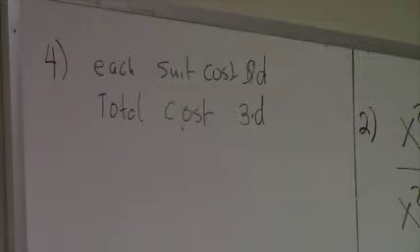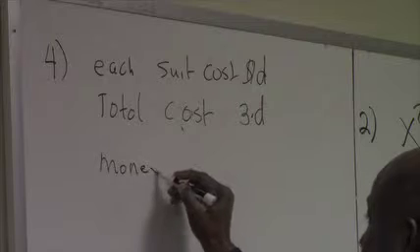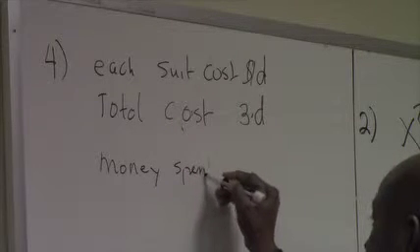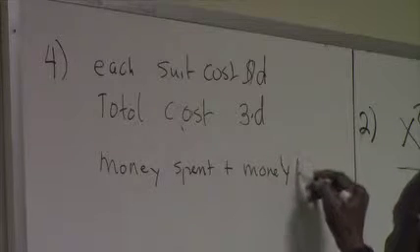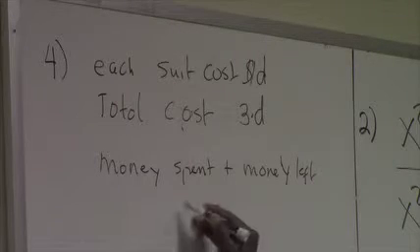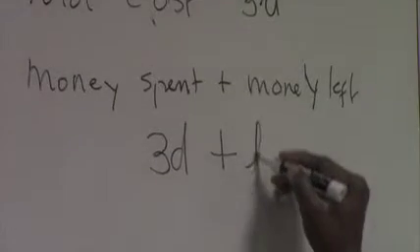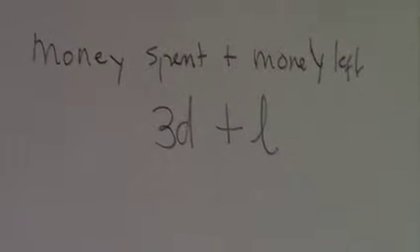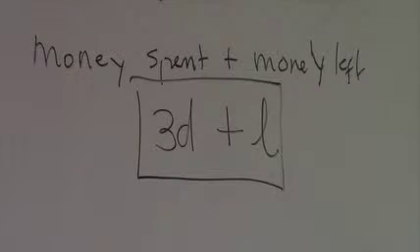So it's 3D. Now, if she had L dollars left, the money spent plus the money left will give us the total amount that she started with. How much money was spent? 3D. How much money did she have left? L. So the total amount of money that she started with was 3D plus L. That would be the expression for that.